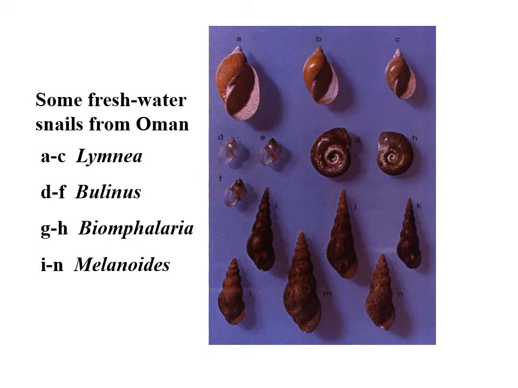These are very common here in most of the freshwater springs or aflaj in Oman. But to the best of our knowledge, these snails are of no medical importance. So please, if you see the Biomphalaria snail or the Bulinus snail, be careful, because these are intermediate hosts for Schistosoma mansoni and Schistosoma japonicum.